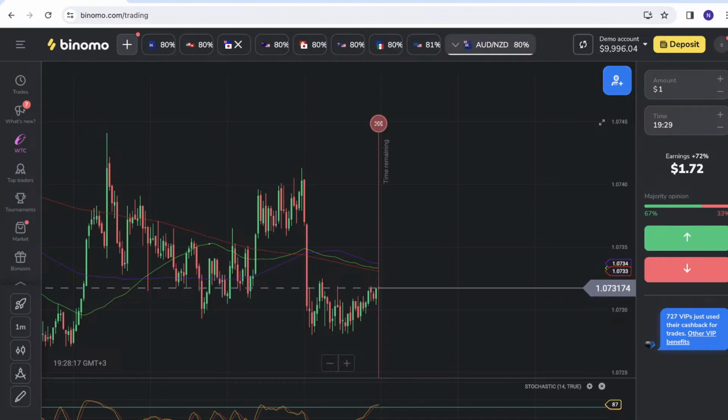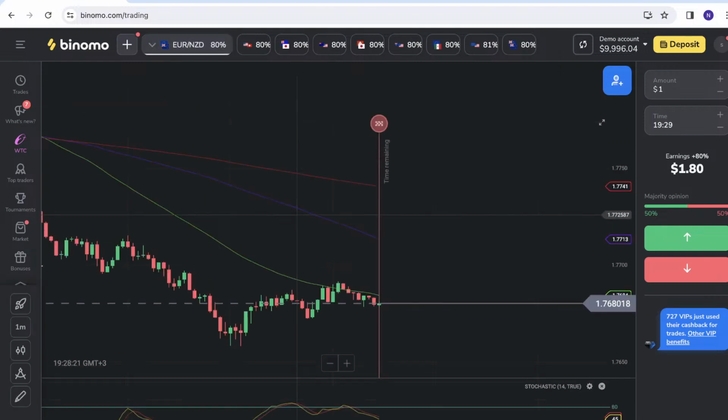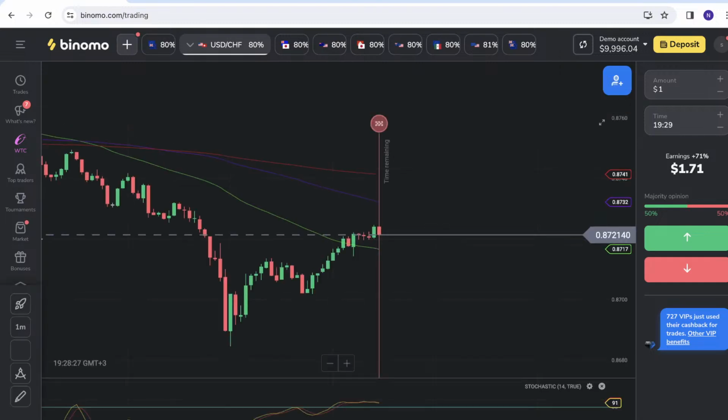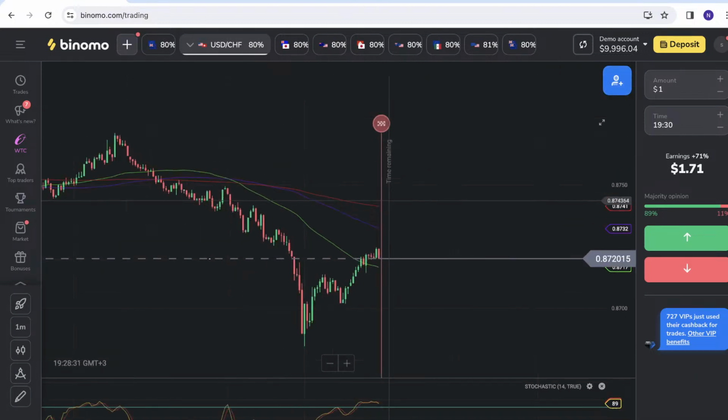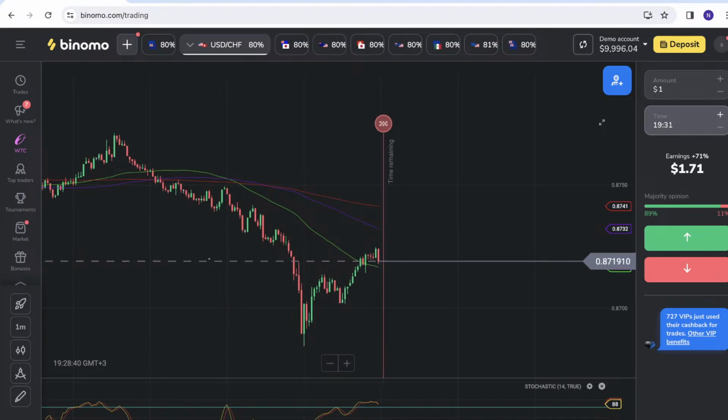Let me check one more time in the 1 minute time frame. Maybe here we can try. Let's wait until stochastic gives us a trading signal. We will open a down trade. Now 1928. We are waiting a little bit more.